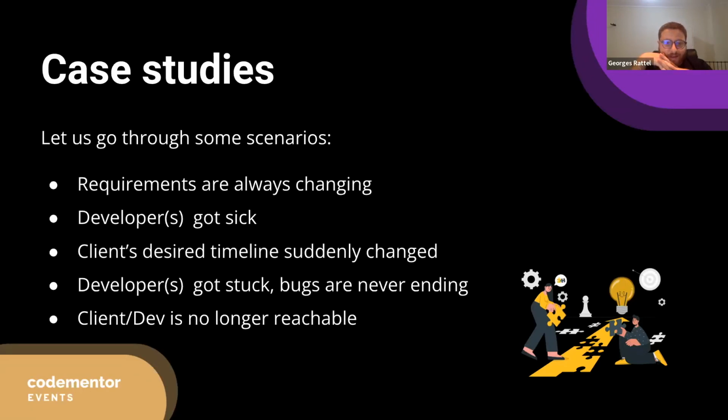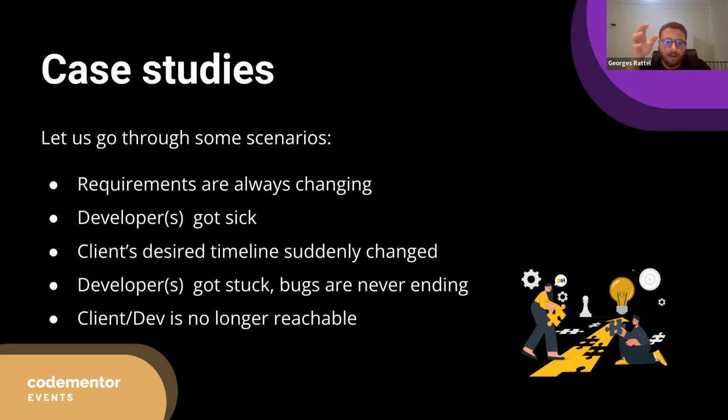Now, in case the client's desired timeline suddenly changes because of some investor requirement or market need, it's important for this to be communicated transparently and directly to the developers, and for a plan to be in place to prioritize which features need to be done first.